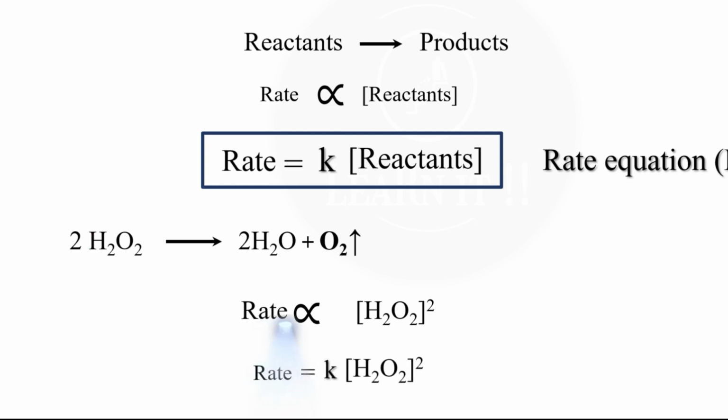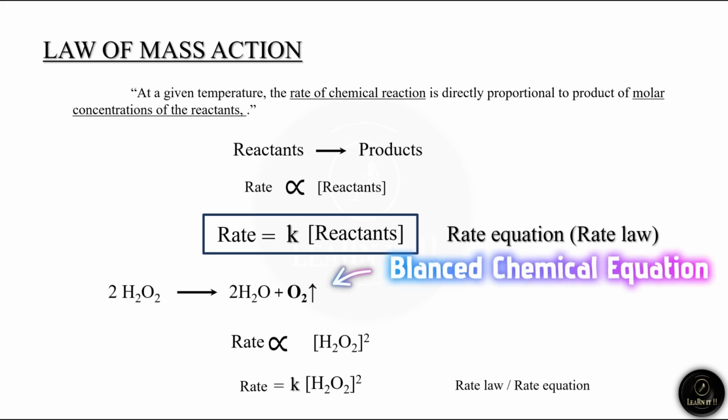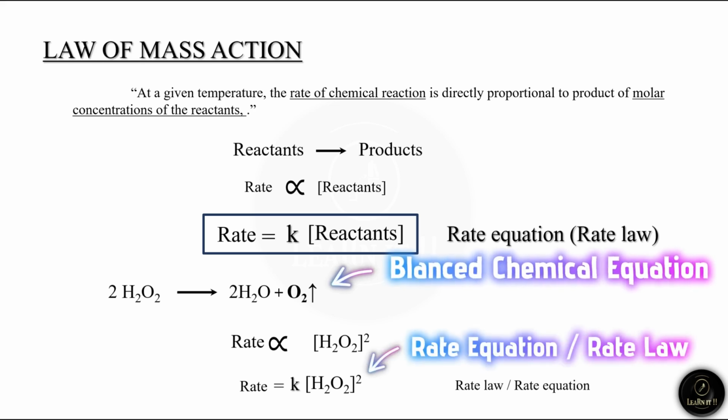So rate is equal to K into concentration of hydrogen peroxide, bracket square. So this is the rate law or rate equation for the decomposition of hydrogen peroxide. So this is the way of writing a balanced chemical equation, and this is the way of writing the rate equation or rate law.